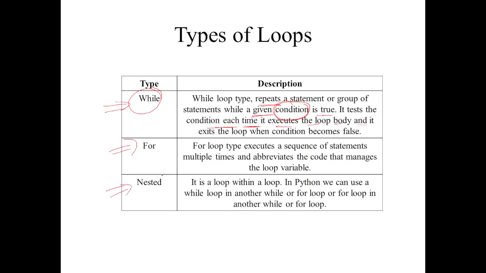A nested loop is somewhat different in that it is a loop inside another loop. Here, a while loop can be inside another while loop, or a for loop can be inside another for loop, or any of these options. This is called a nested loop. However, we will discuss each of these loop types in detail in upcoming lectures, with some examples to make it clear so that you get familiar with it.